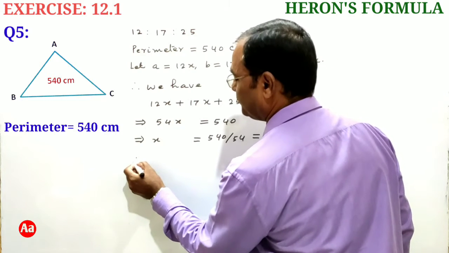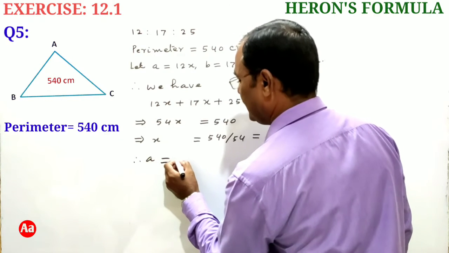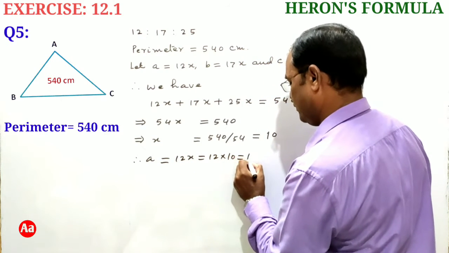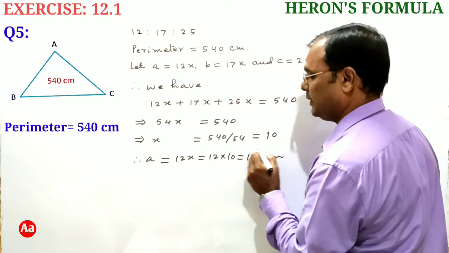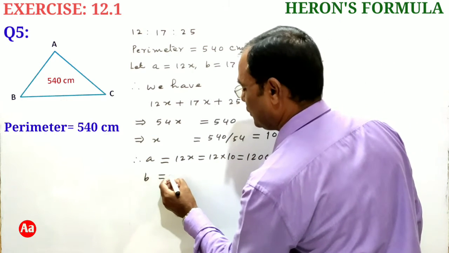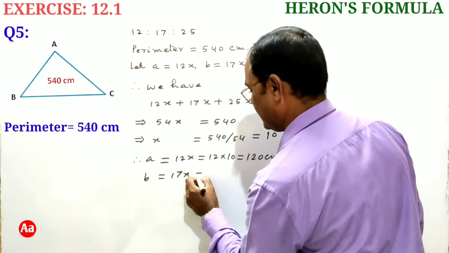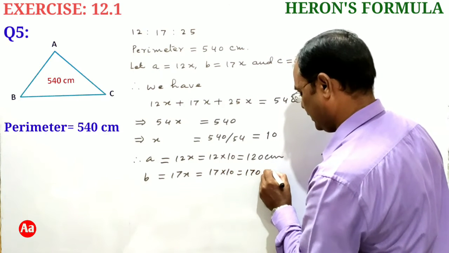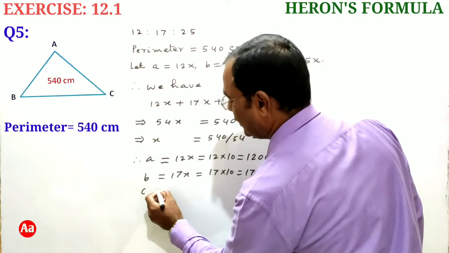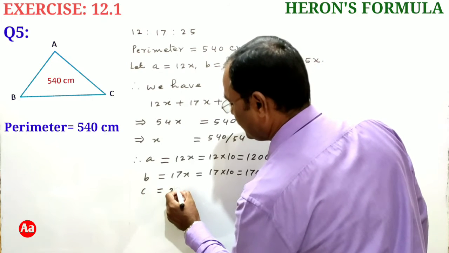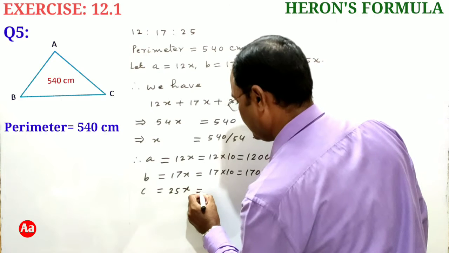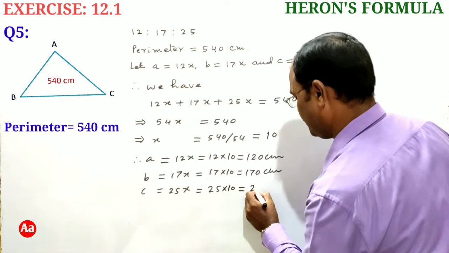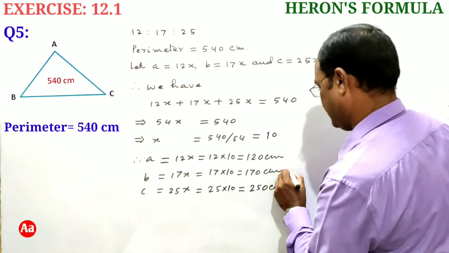So therefore, first side a equal to 12x, so 12 into 10, 120 centimeter. Second side b is equal to 17x, so 17 into 10, 170 centimeter, and third side c is 25x, which is equal to 25 into 10 equal to 250 centimeter.